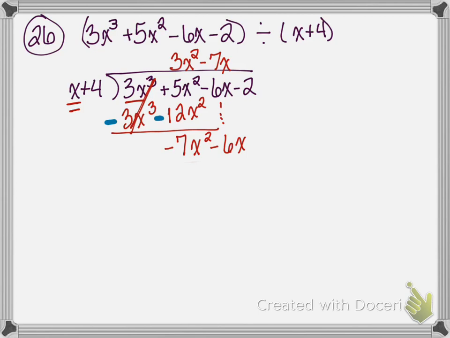Negative 7x times 4 is negative 28x. Negative 7 times x is negative 7x squared. And since we are subtracting, what happens to that negative and negative? They become positive, okay? So that's going to be positive 7x squared and positive 28x. Okay? Again, negative 7x squared and positive 7x squared should cancel. Negative 6x and positive 28x are 22x.